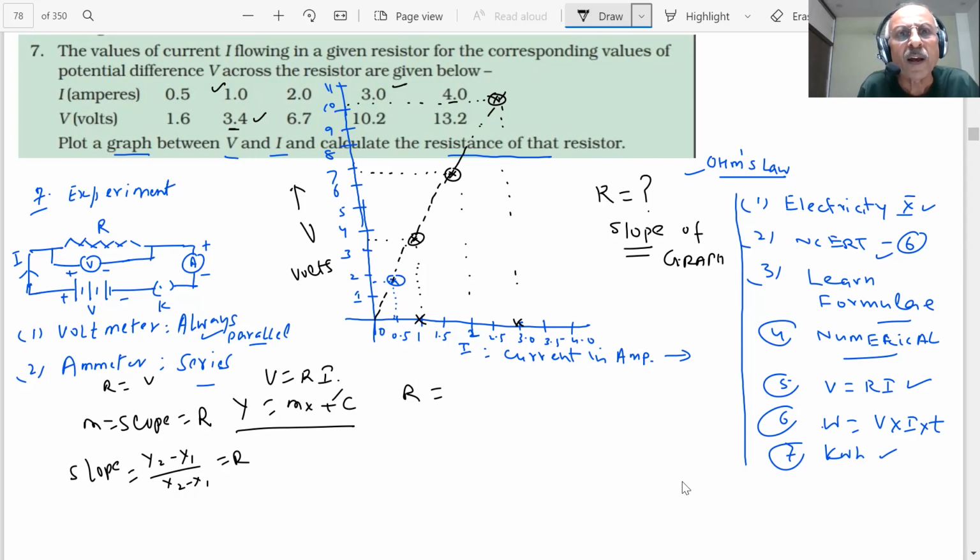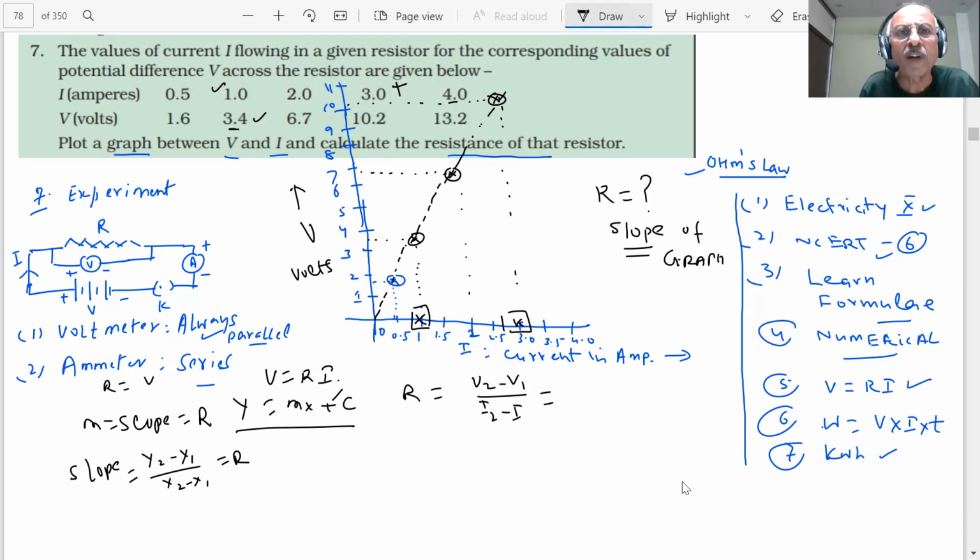And then I take 3 ampere, 1 ampere and 3 ampere. What is the value at 3 ampere? V2 minus V1 by I2 minus I1.